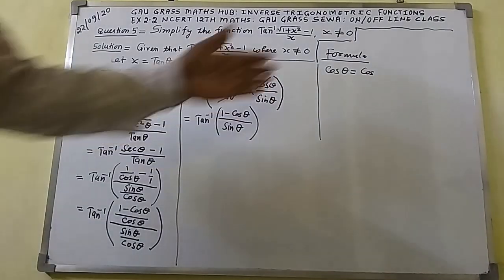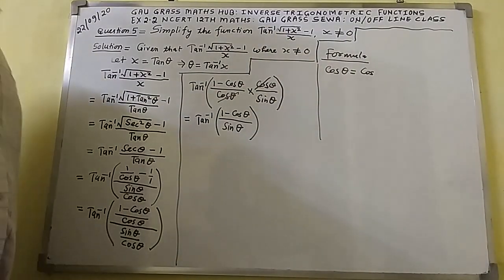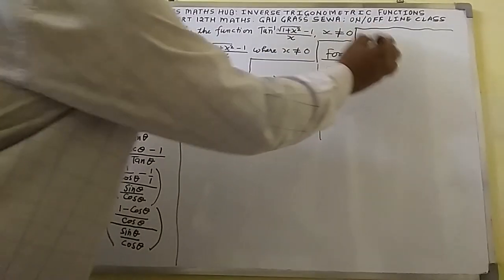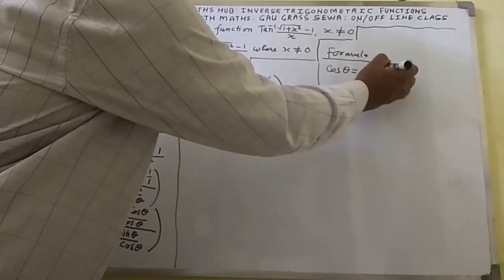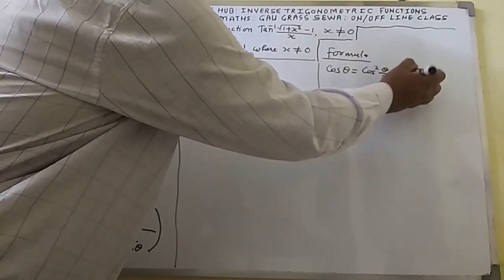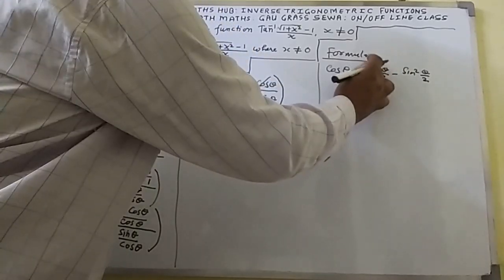Now here I am going to apply the half angle trigonometric formula. Cos theta is equal to cos square theta by 2 minus sin square theta by 2.